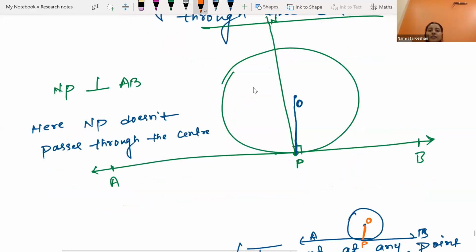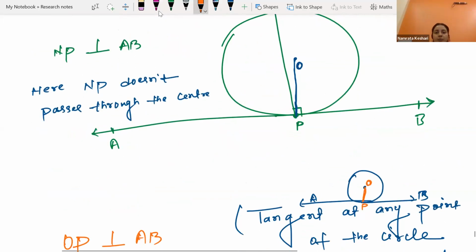These are two different lines, which is not possible. This complete angle is 90 degrees, and in the next condition we are saying that this much, of course, is 90. So this is not possible. It is not possible that NP is also perpendicular to AB and OP is also perpendicular to AB.